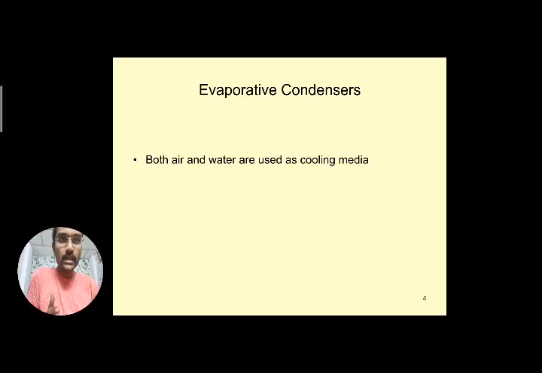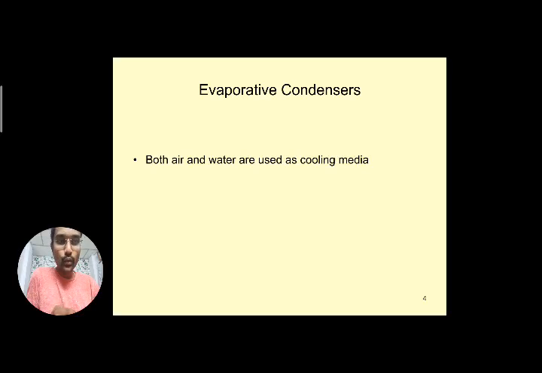These types of condensers are used when there is a scarcity of water, or only a little amount of water is available. Condensation is a mandatory requirement, and a bigger equipment requires more water.